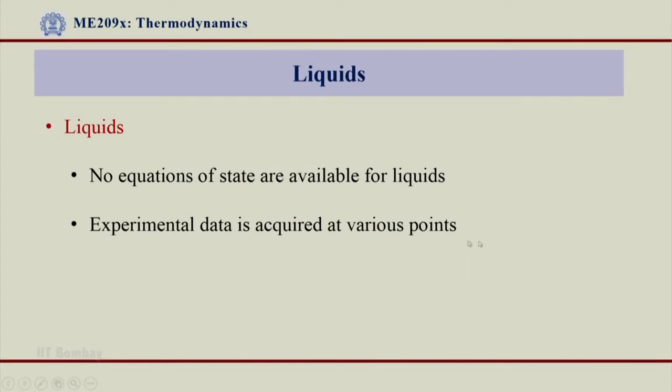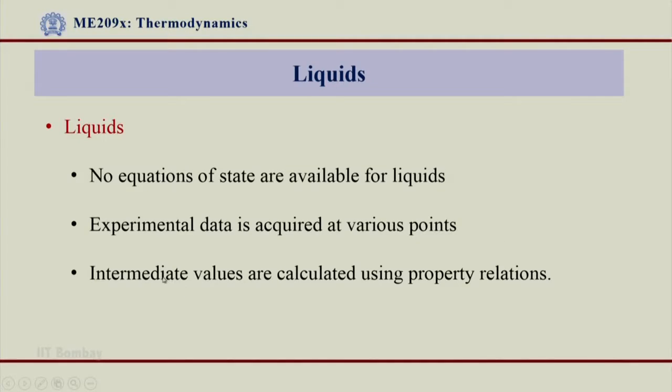Once I get those points, I can then have intermediate values using property relations. In thermodynamics, we have several property relations available, Maxwell relations for example. Using such property relations and this experimental data, I can get approximate data for other points also by using interpolation, etc.